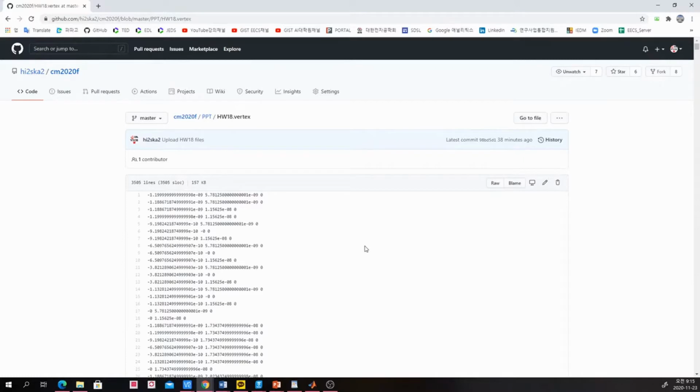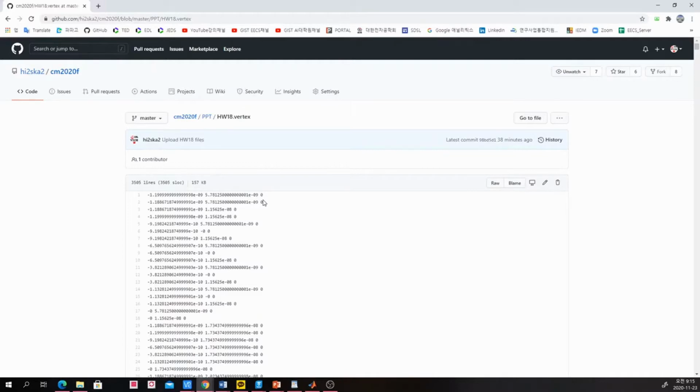Now you can clearly see each line contains three numbers: the first number, the second number, and the third one. What is your guess for this information?